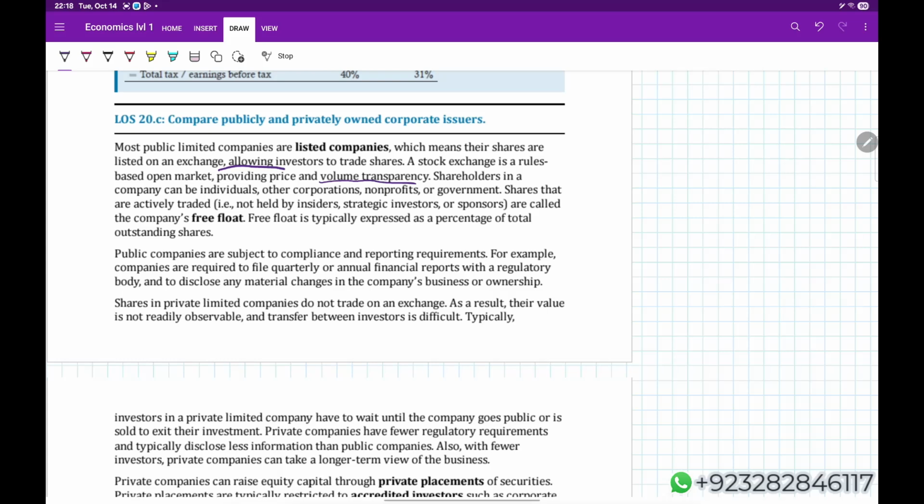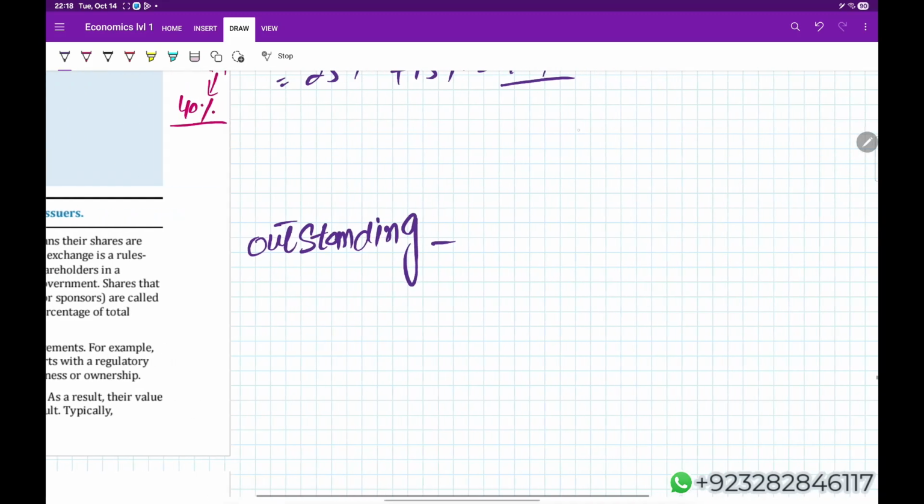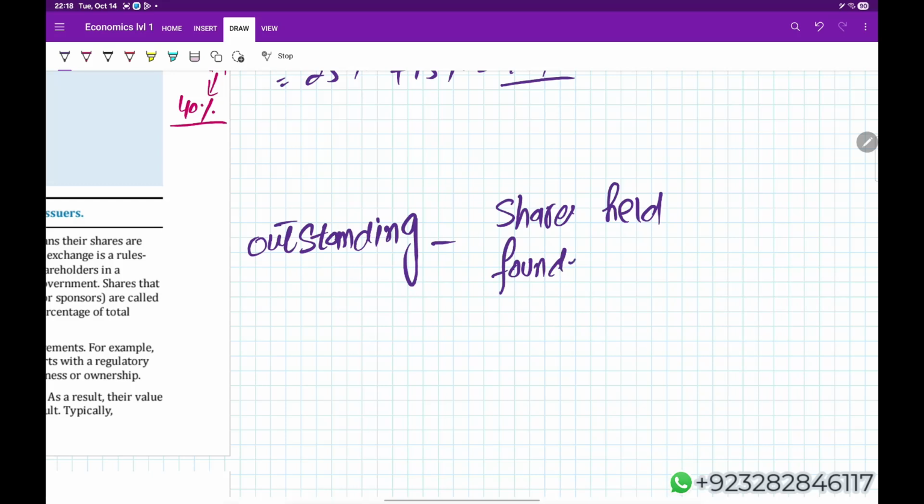Okay, then we take the outstanding shares or total capital of companies, and then we subtract the shares held by governments, founders, families, and governments, which are the strategic investments by the governments, like petroleum companies, right?